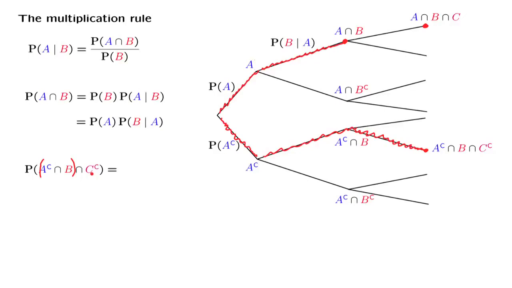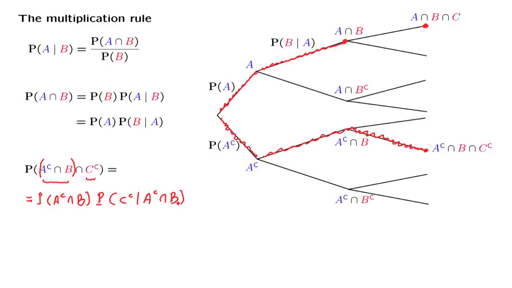Clearly, you can form the intersection of three events by first taking the intersection of two of them and then intersecting with the third. After we group things this way, we are dealing with the probability of two events happening, this composite event and this ordinary event, and the probability of two events happening is equal to the probability that the first event happens and then the probability that the second event happens, given that the first one has happened.